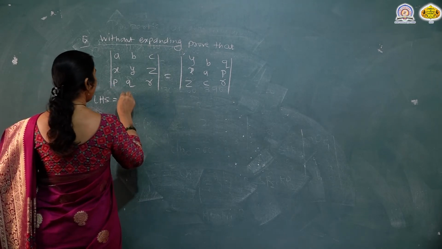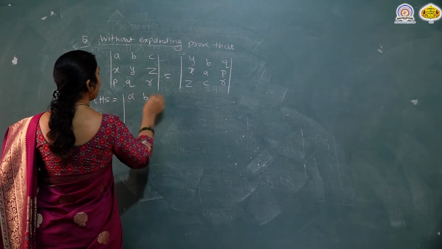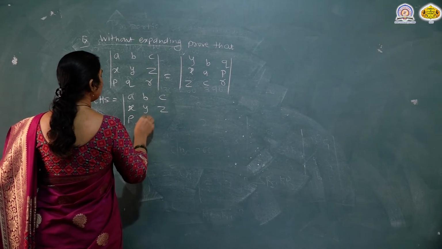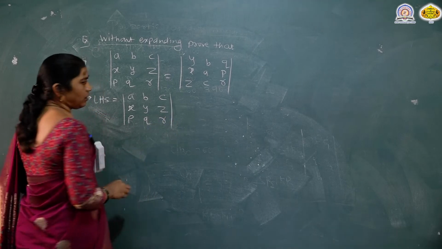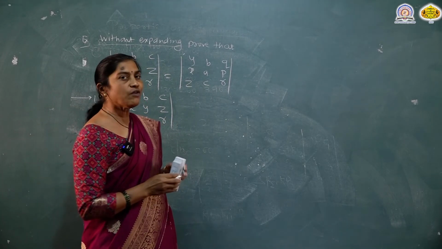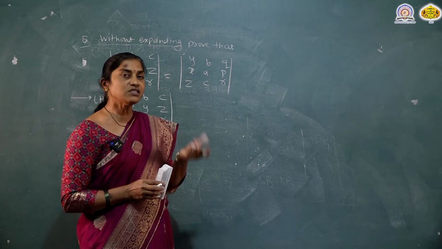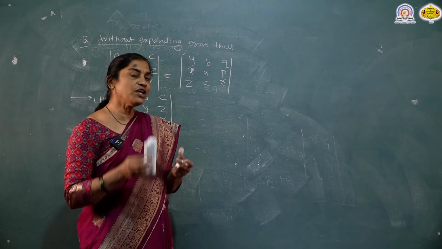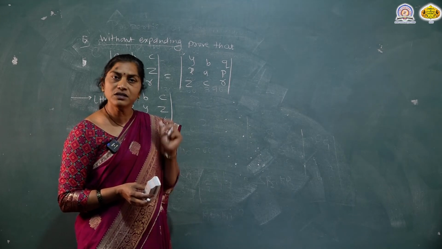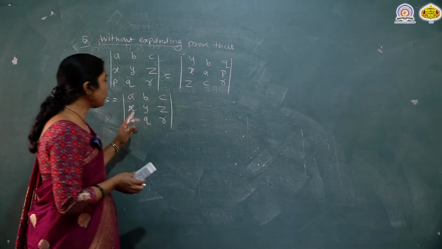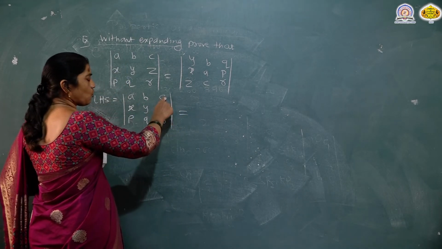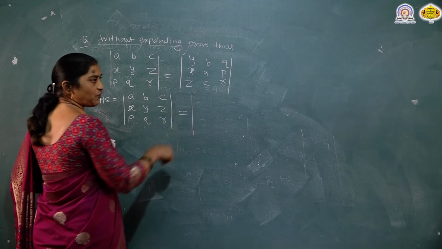So, consider LHS. It is nothing but determinant ABC, XYZ, PQR. We know that if you interchange any two rows or columns, the value of the determinant changes in sign. But if you interchange corresponding rows and columns, the value of the determinant remains unchanged. So, I will interchange rows and columns. The first row, I will interchange as the first column.